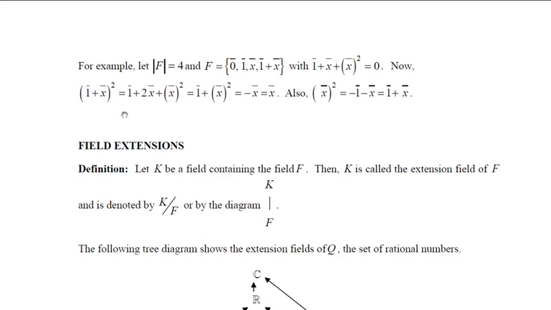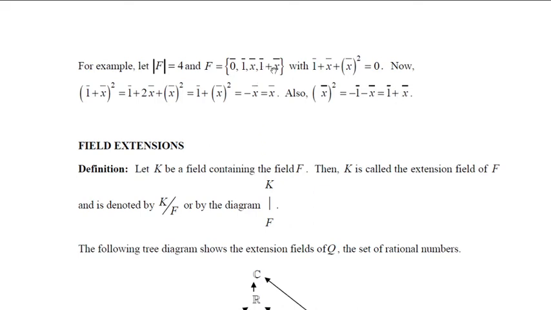Now, you should note that 0 to the power of 2 is 0 and 1 bar to the power of 2 is also 1. What about x bar square? Your x bar square, by this property, is minus 1 bar minus x. But under modulo 2, minus 1 is simply plus 1. So this is 1 plus x, which is again present in F.